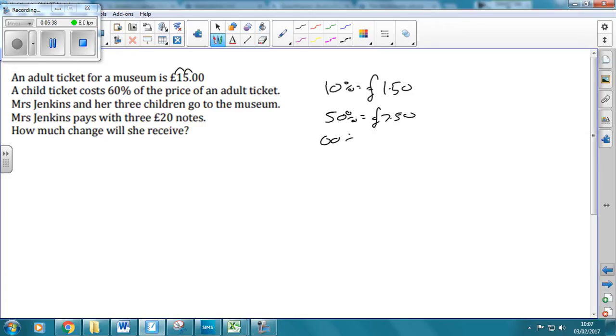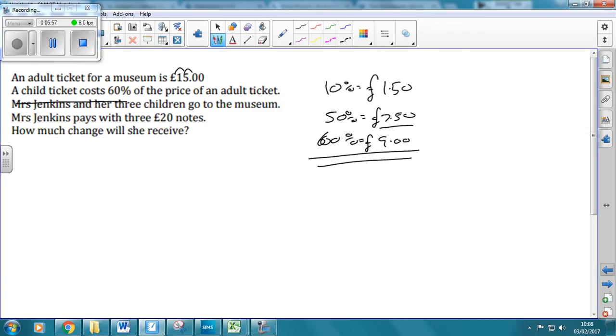So 60% is going to be £7.50 plus £1.50. Add on the £1, £8.50. Add on the 50 is going to be £9. So 60% is £9. And again, it's worth noting all the time what it is that you're looking at. So 60% is the price of a child's ticket.